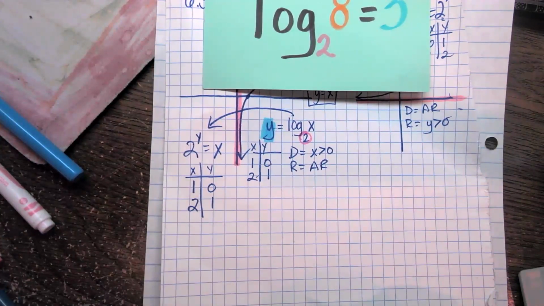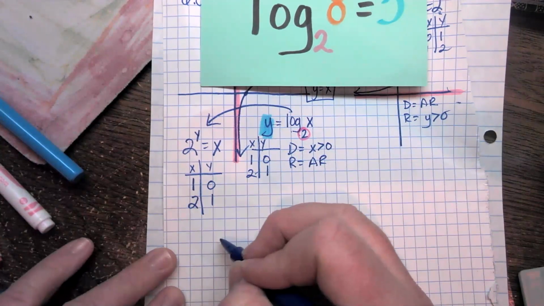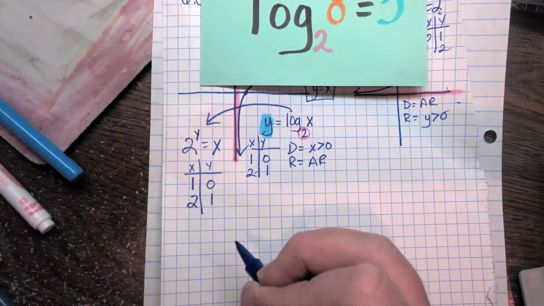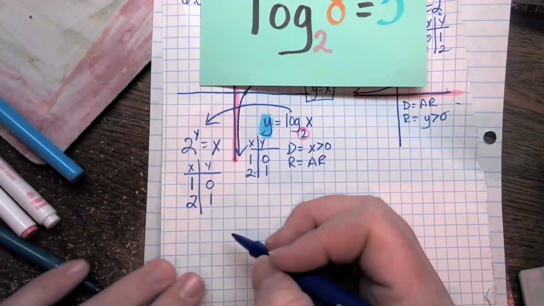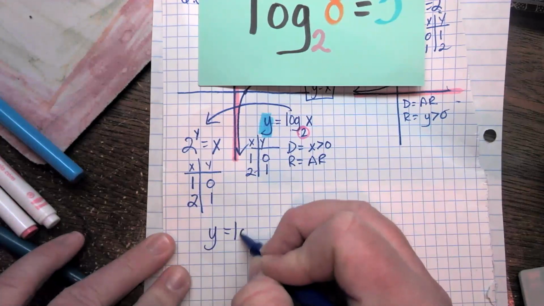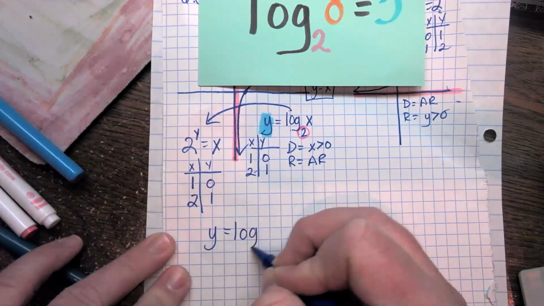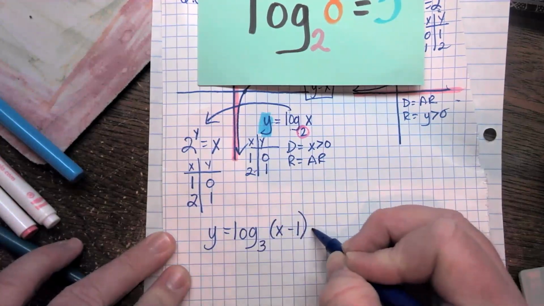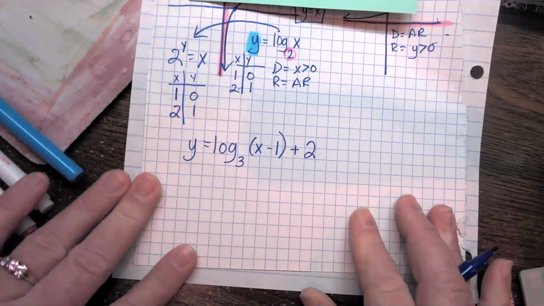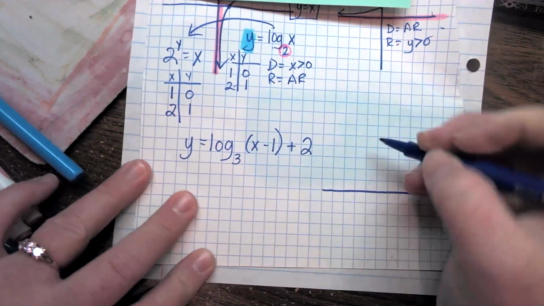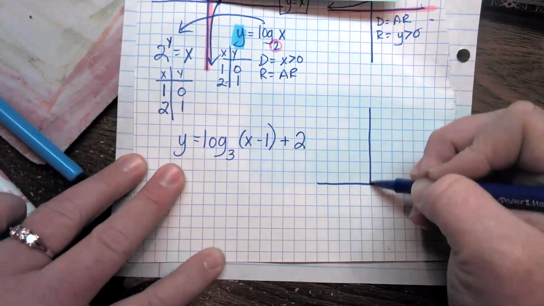All right, so let's try, let's kick it up a notch. All right, let's not beat around the bush here. Let's get this knocked out.